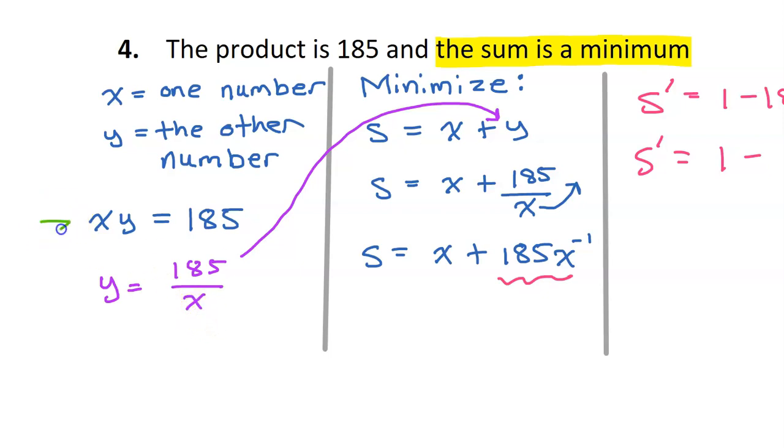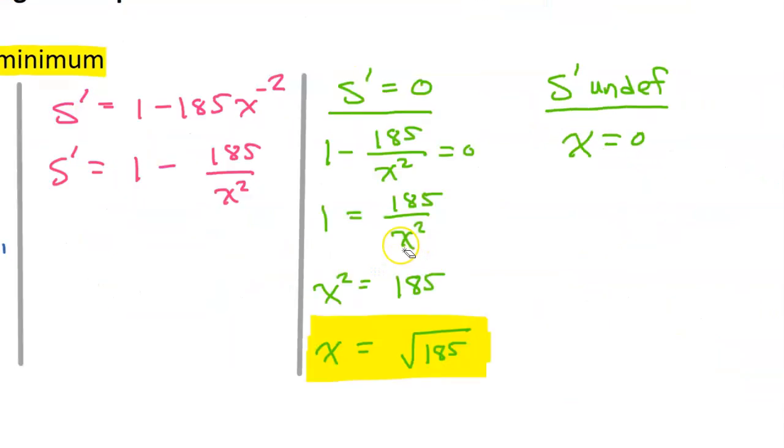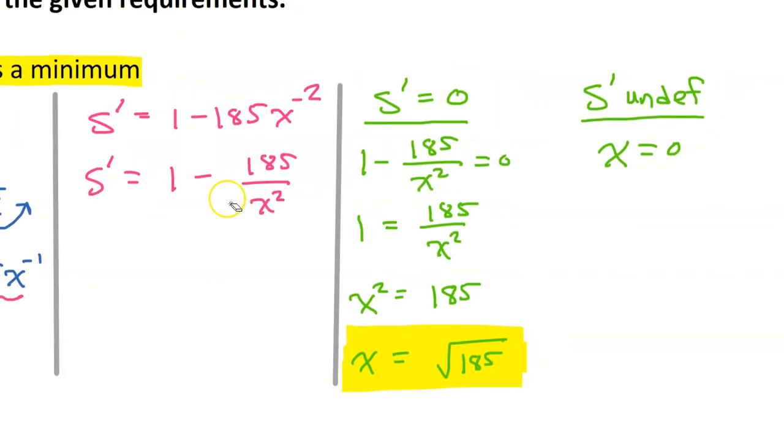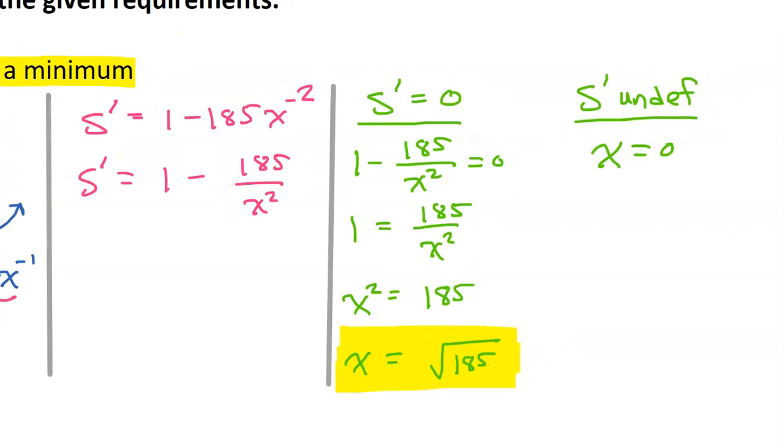Or if I look at this level, the product has to be 185. If x is allowed to be 0, then we won't get 185. So there are no values other than 0 that will cause the derivative to be undefined, so we can forget about this. That means x equals square root of 185 is the value that we're looking for.